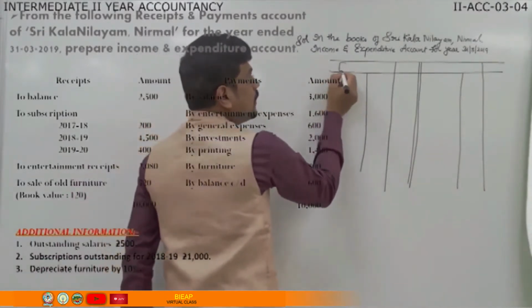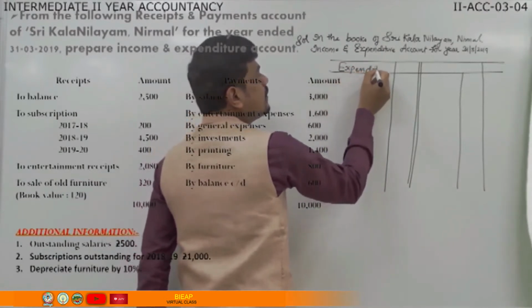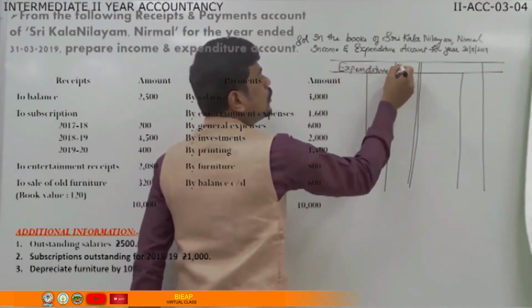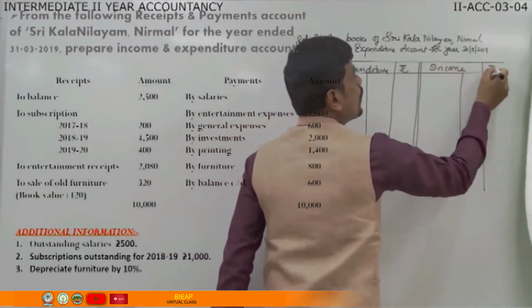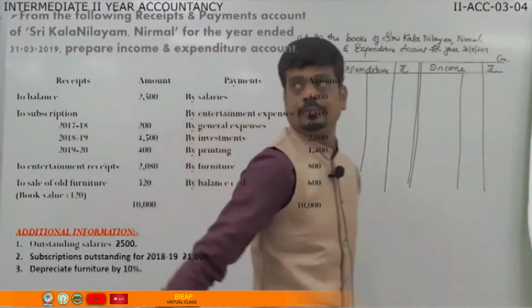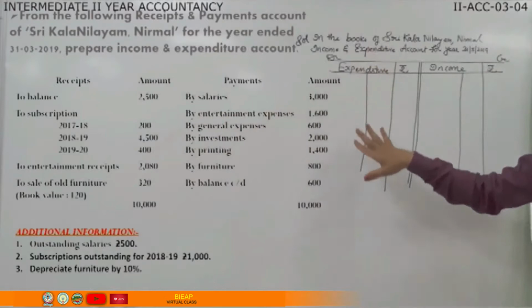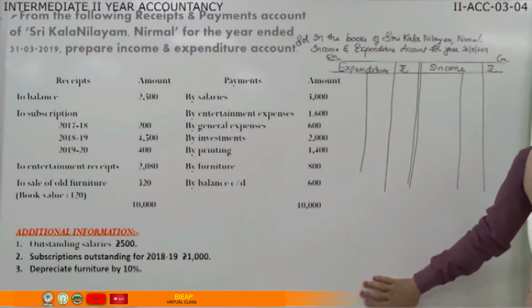Here debit will be expenditure rupees. Credit side income rupees. So your format is ready. Half page format. Remaining half we'll use for workings.